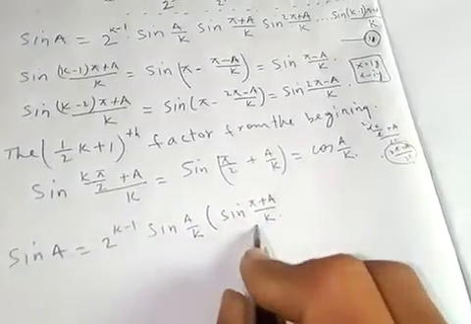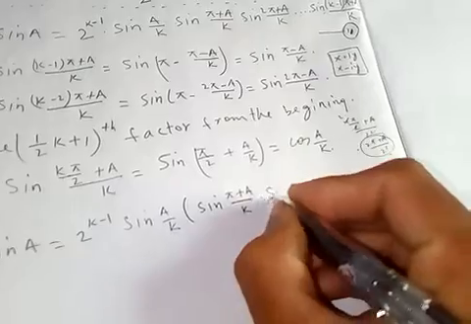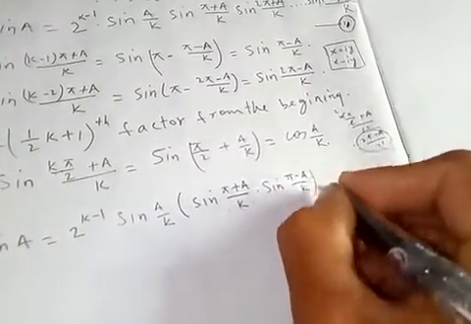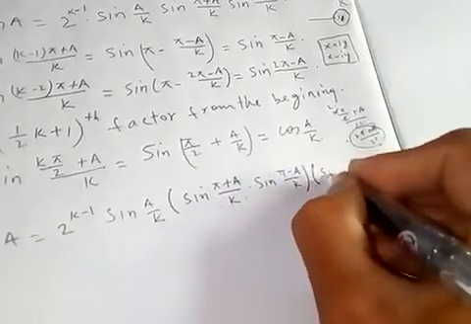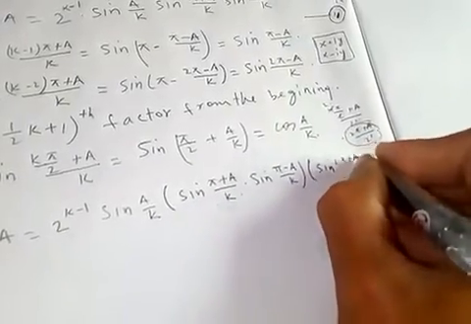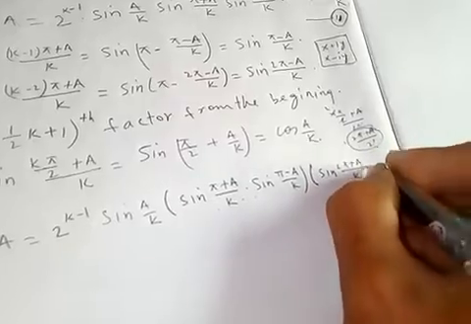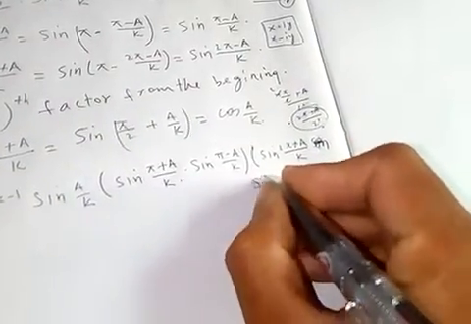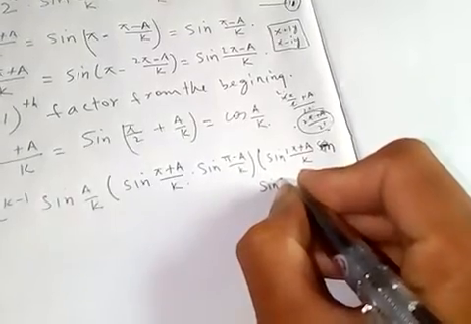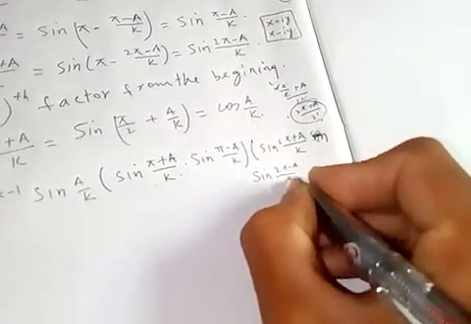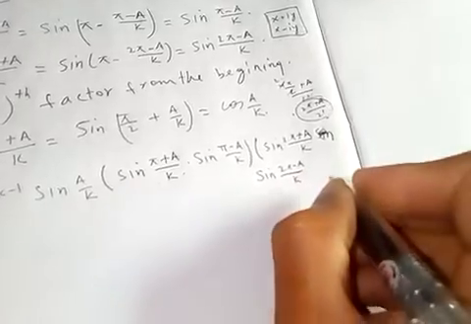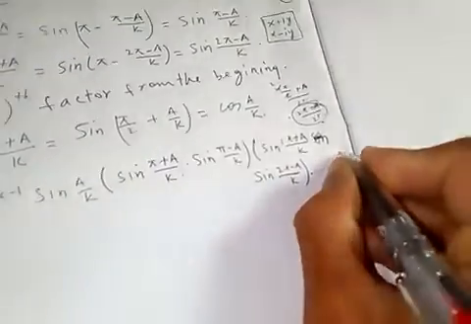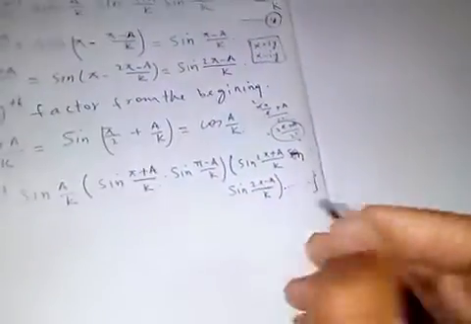Since I combine the second factor and last factor, it is sine of pi minus A over k, and the next term will be sine of 2 pi plus A over k into sine of 2 pi minus A over k, and so on.